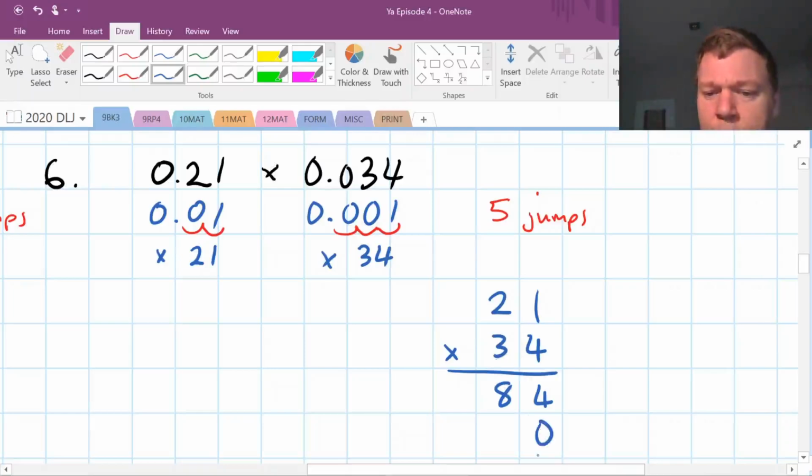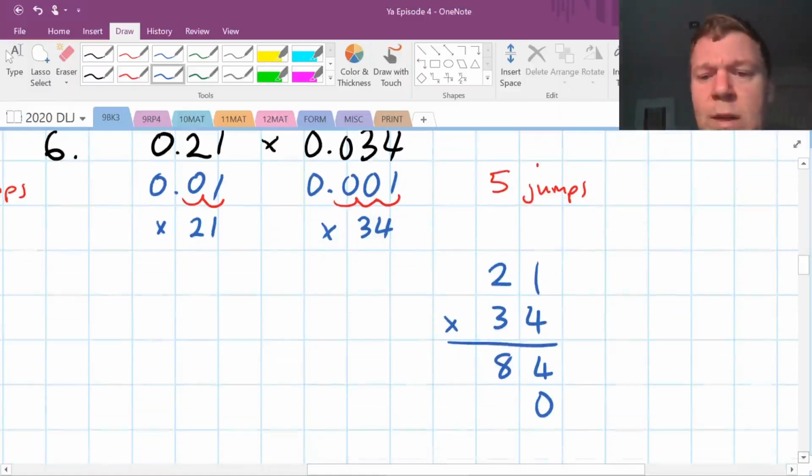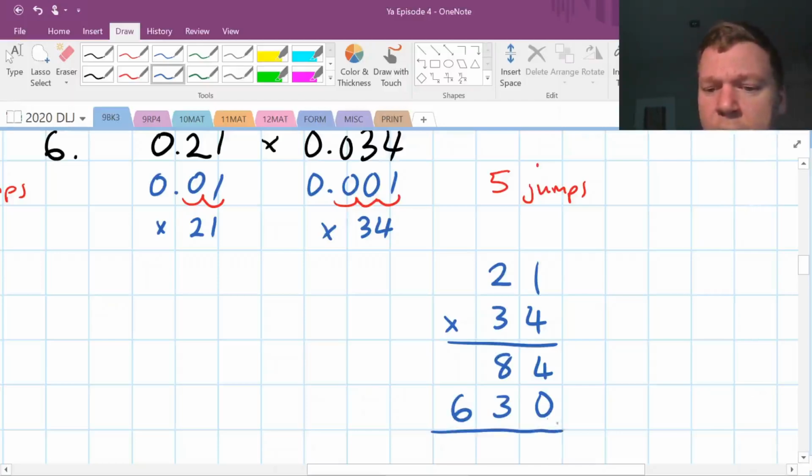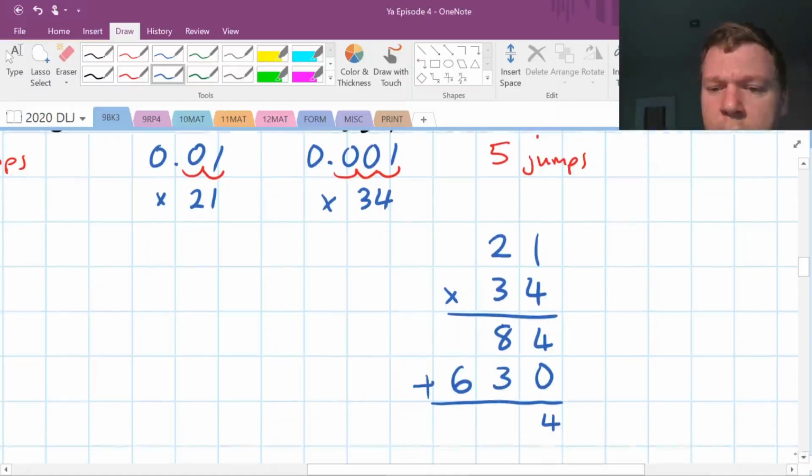So the 3 is a 30, so we need that 0 down there. 3 times 1 is 3. 3 times 2 is 6. Alright. Now we need to add those together. 4 and 0, 8 and 3 is 11, carry 1 up, and 6 is 7. 714.